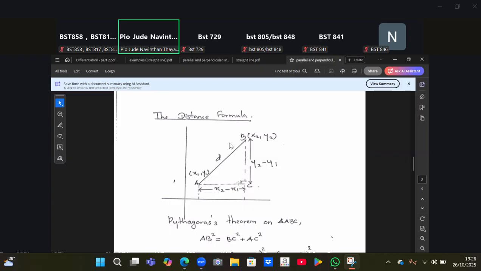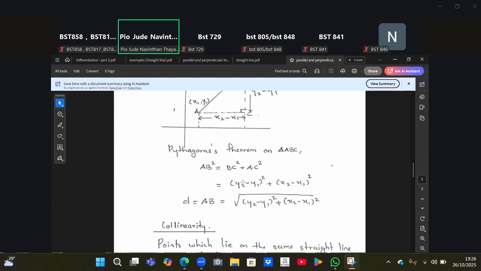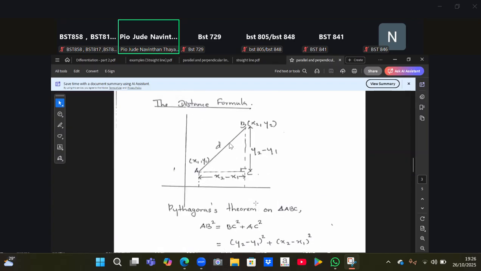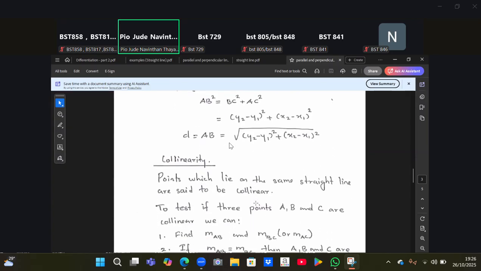Using the Pythagoras theorem, AB square is equal to BC square plus AC square. Then AB is the root of y difference square plus x difference square. If you forget the equation, you can draw the diagram and get it.